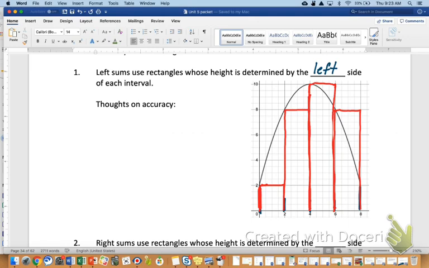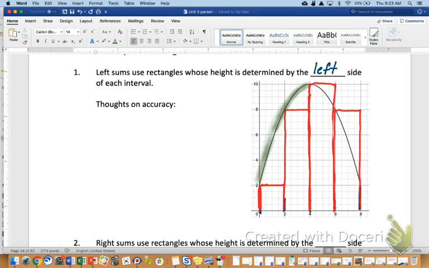If we were going to estimate the area under the curve here, we would find the areas of those rectangles and add them up, and that would be our estimation. Now, thoughts on accuracy. Maybe you noticed that on this first stretch, from x equals 0 to x equals 4, the graph is increasing. If the graph is increasing, you can see that those left sum rectangles fall below the actual curve.